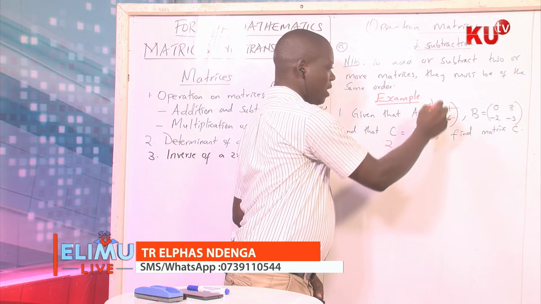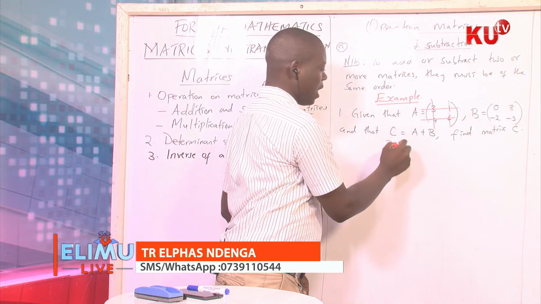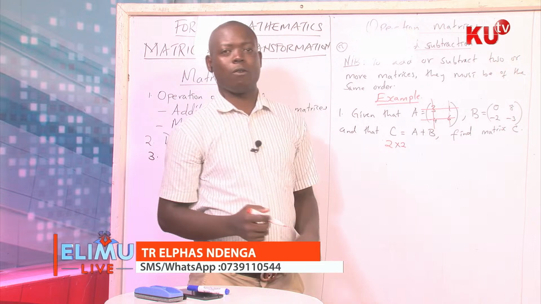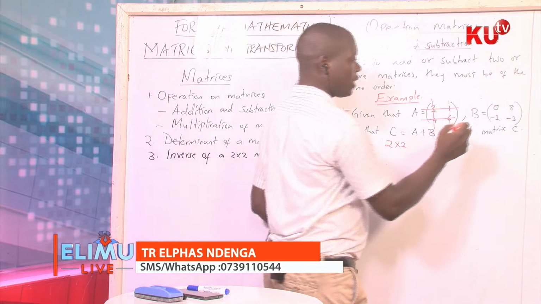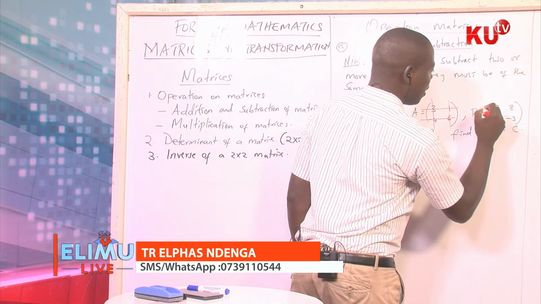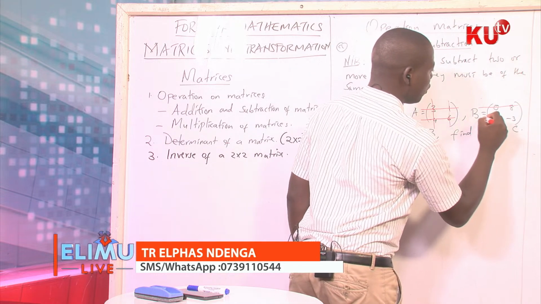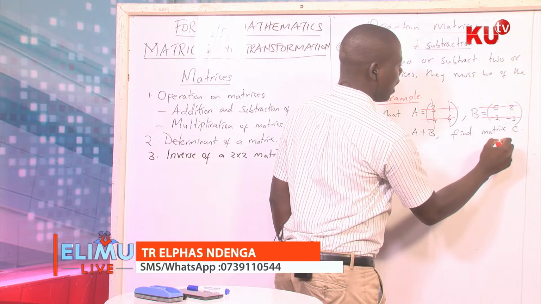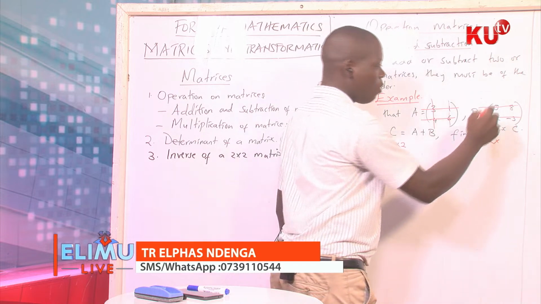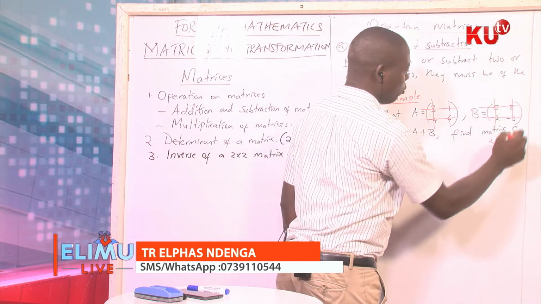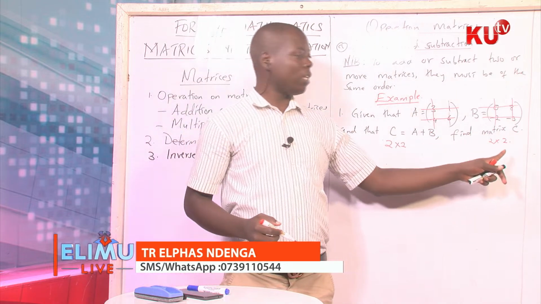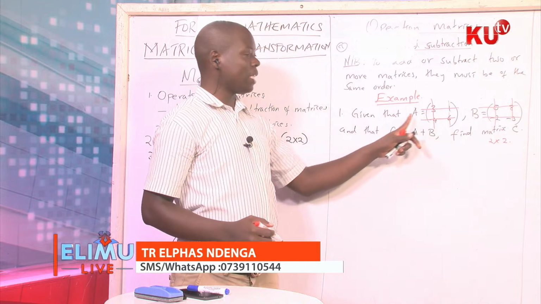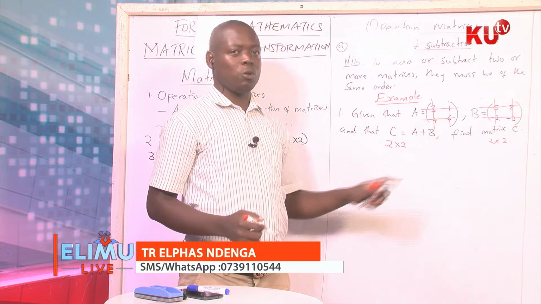It has 1, 2 columns. And so we say it is a matrix of order 2 by 2. Same thing to matrix B. How many rows? 1, 2. How many columns, students? 1, 2. Therefore, the matrix B is of order 2 by 2. Matrix A is order 2 by 2.